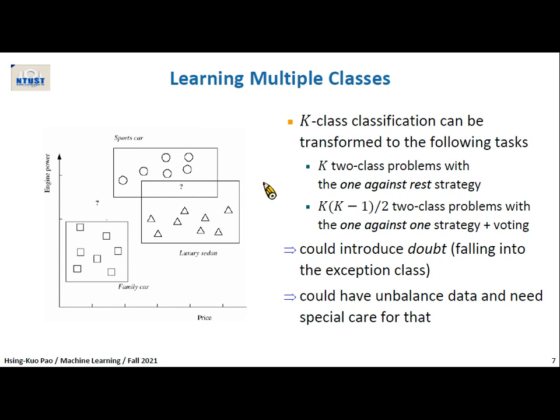Multiple means the 10-digit problem, or a more complicated situation like recognizing Chinese characters. Something we have to pay attention to is that when we go from binary to multiple classes, we have to try some strategy, such as when we have 3.